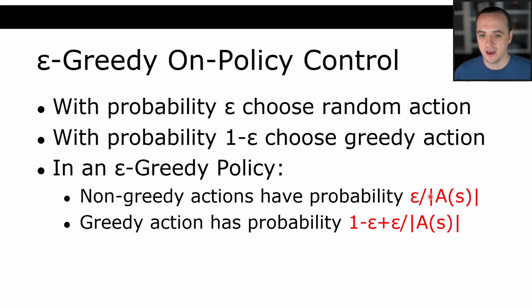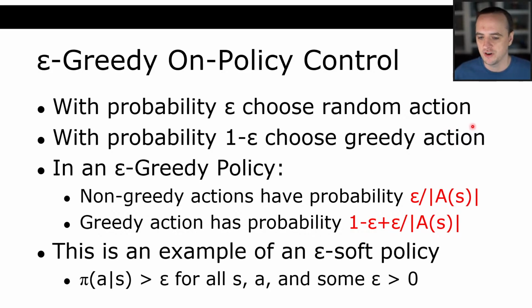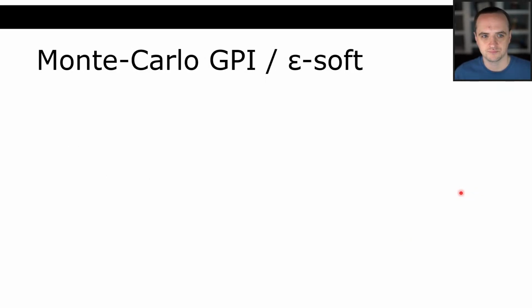And greedy actions have probability 1 minus epsilon plus this, because if you're doing a random action, you still have a chance to choose the greedy action, right? So this is an example of an epsilon-soft policy, which means that for every action at every state, the policy is greater than some value for all S and all A.